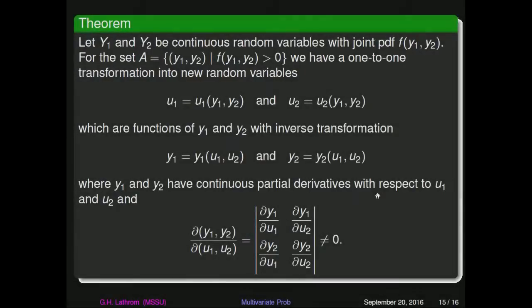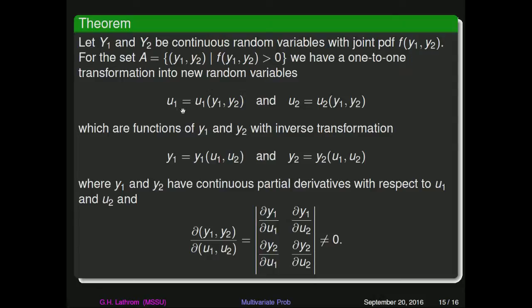And so to finish up this video, we'll talk about change of variables for the multivariate case. So if Y sub 1 and Y sub 2 are continuous random variables with joint PDF little f, then on the set of y sub 1, y sub 2 where our PDF is positive, we apply a one-to-one transformation into new variables.